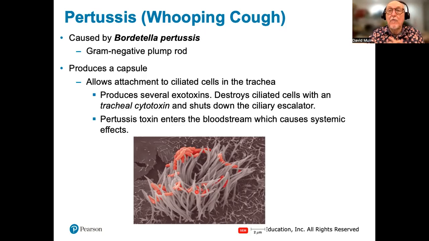It produces a range of toxins which shut down the ciliary escalator. And as a result, usually a child, the only way to void the lungs is to cough up the mucus that is accumulating because the bronchociliary escalator has failed.